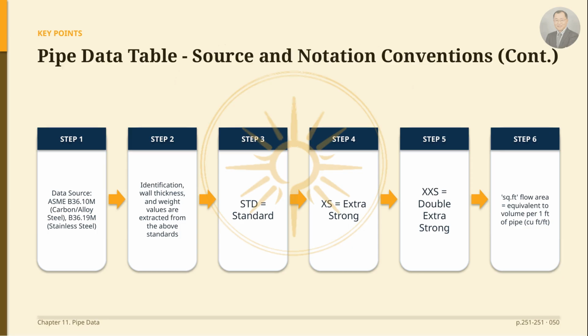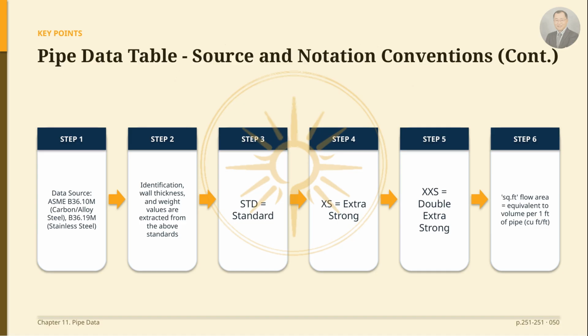I would like to introduce the sources and notation conventions for the continuing pipe data tables. The identification, wall thickness, and weight values in these tables are extracted from ASME B36.10M for carbon and alloy steel and B36.19M for stainless steel. To summarize the 3 abbreviations appearing in the table, STD stands for standard, XS for extra strong, and XXS for double extra strong pipe.